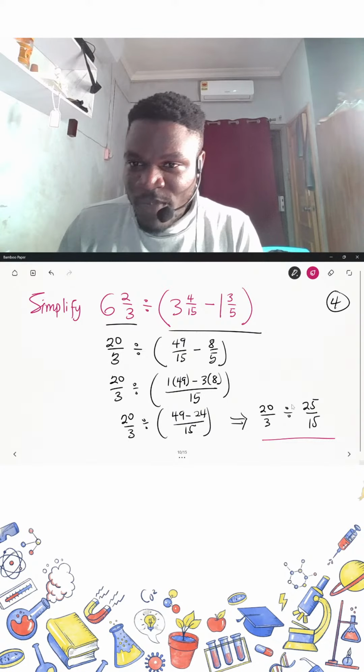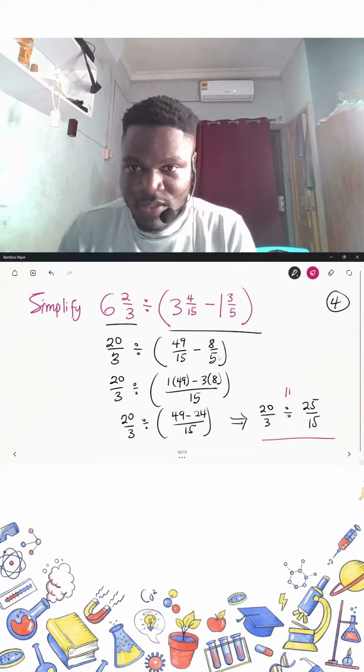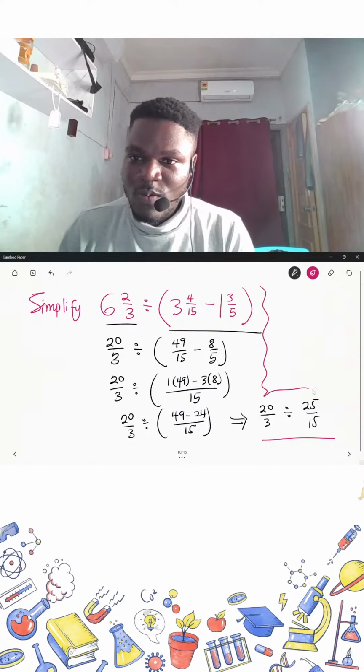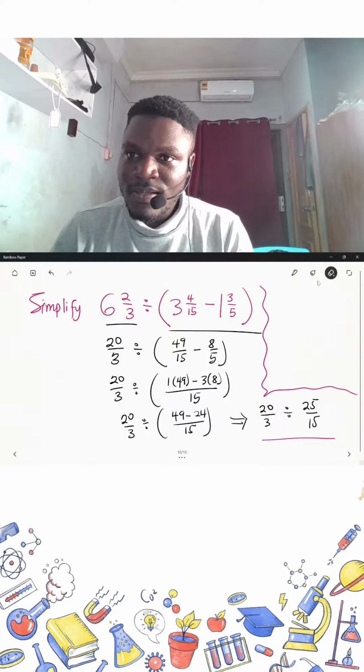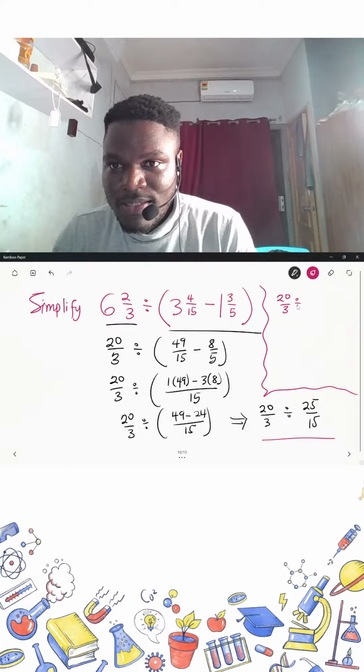Okay, so from here, I'm going to solve upwards, right? Let me clean this over here and make some space. So we have the 20 over 3 divided by 25 over 15.